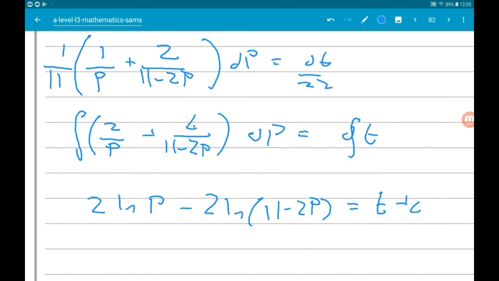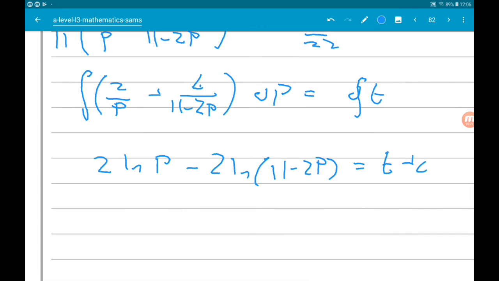Okay, so now what we need to do is find the value of c. So remember we were told the initial population was 1000. P is thousands, so we're just going to use P is equal to 1 when T is equal to 0.